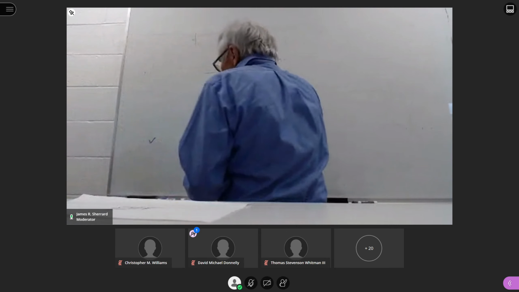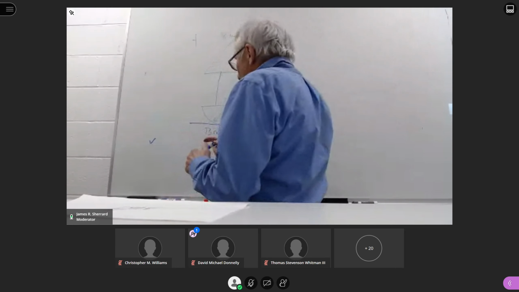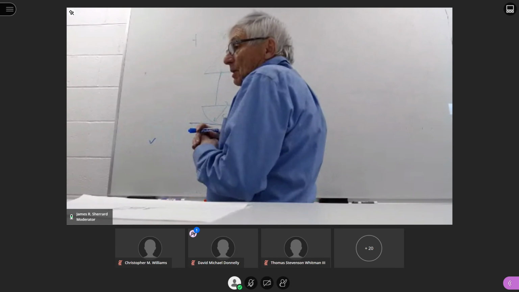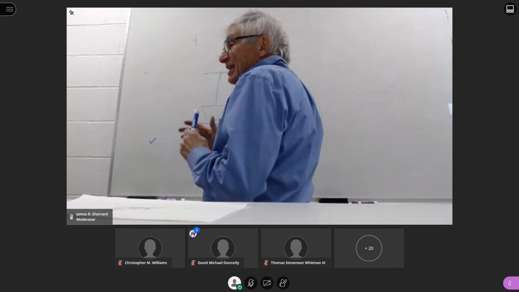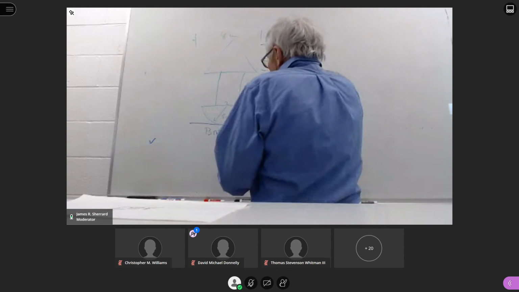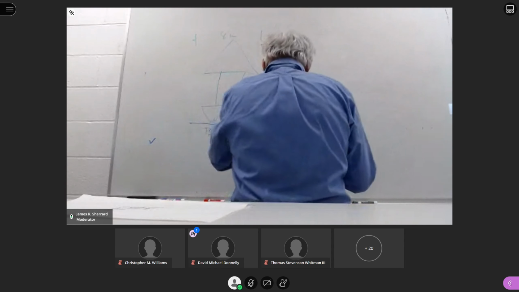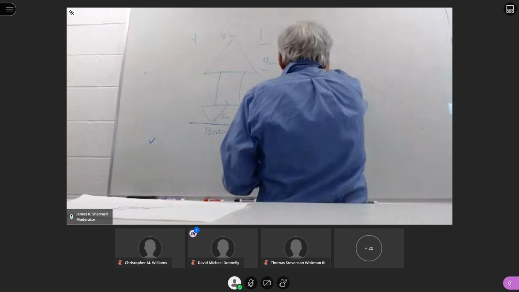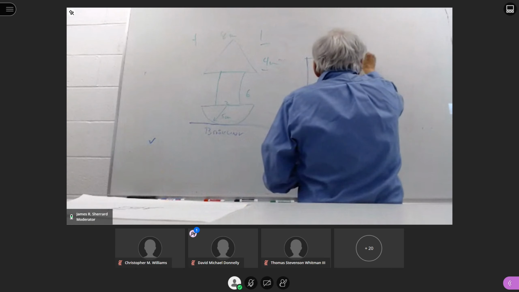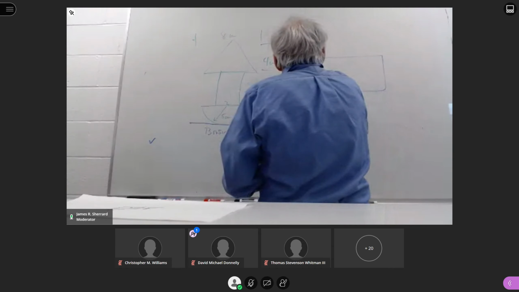So I'm showing it to you in this view. Notice I haven't told you yet whether I'm applying a positive moment or negative moment. It doesn't make any difference when you're calculating neutral axis. If I turn this thing sideways, it would have some length.